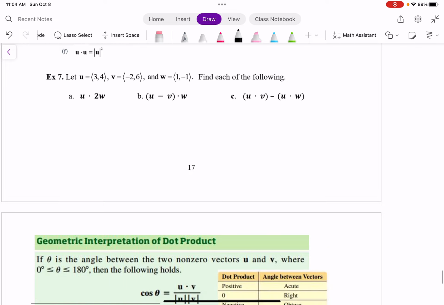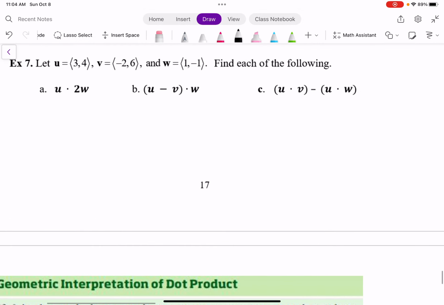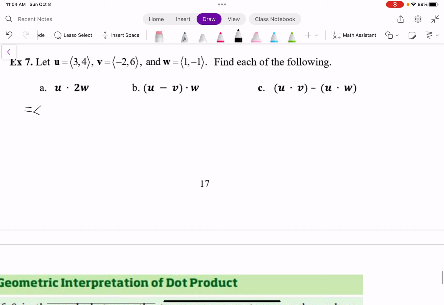So let's see the dot product. Let u equals (3, 4), v is (negative 2, 6), w is (1, negative 1). Find each of the following. Make it bigger. So u dot 2w, so we will see what is 2w. u is (3, 4). Dot 2w.